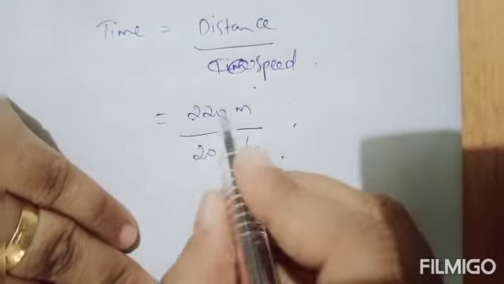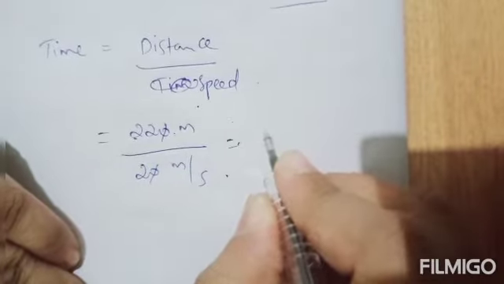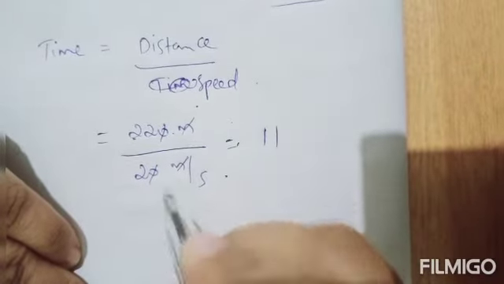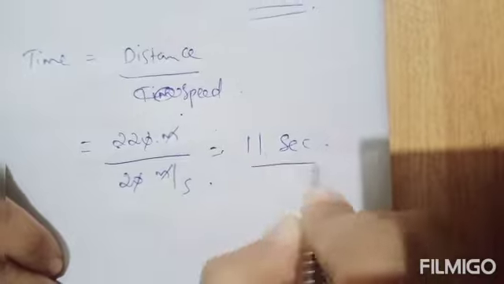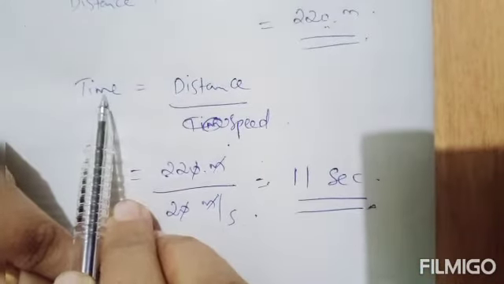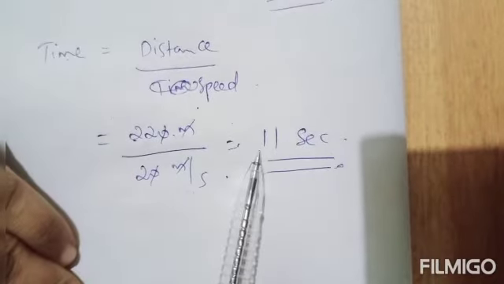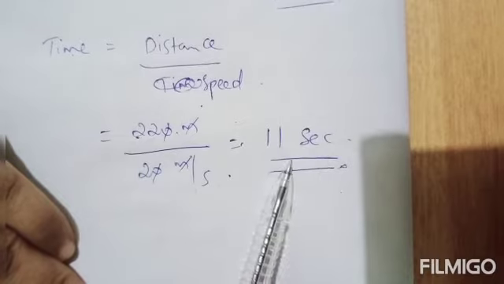Now we divide 220 by 20. You will get 11. Meter we can cancel, second we can write. So the time taken to pass the platform which is 100 meter long is 11 seconds.